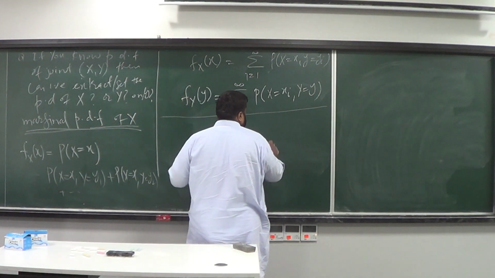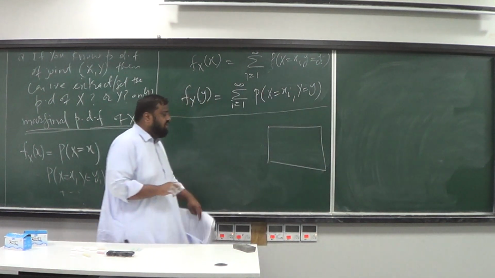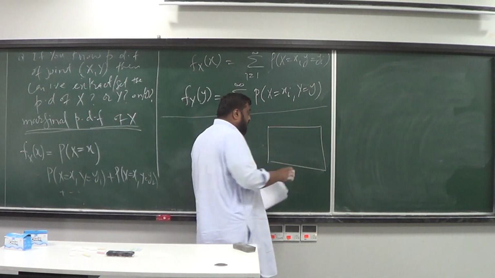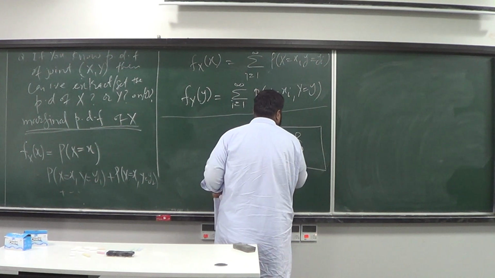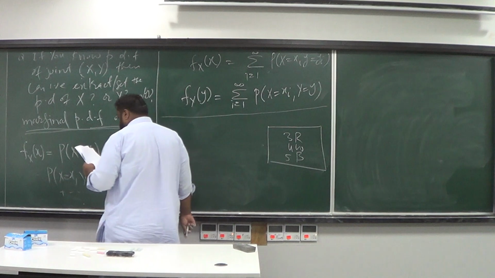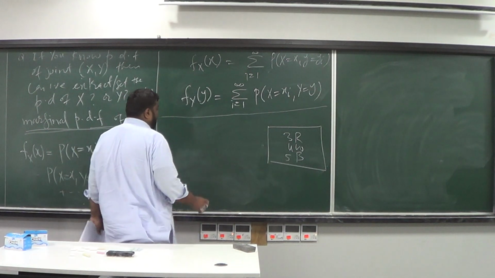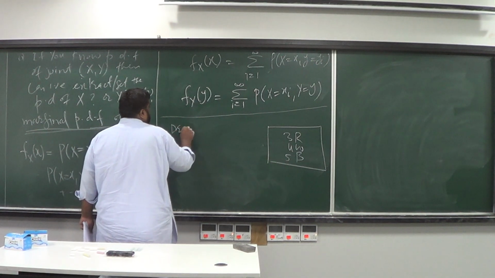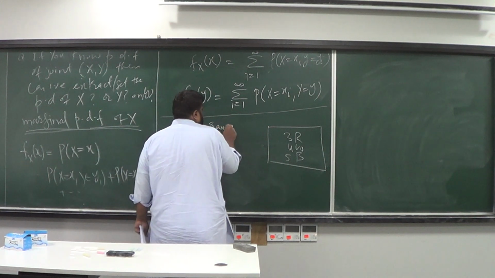Imagine you have an urn. Okay, so imagine you have this box, and the box contains the typical example: 3 red balls, 4 white balls, and 5 blue balls. Okay, so 3 red, 4 white and 5 blue balls. And then we draw 3 random balls.